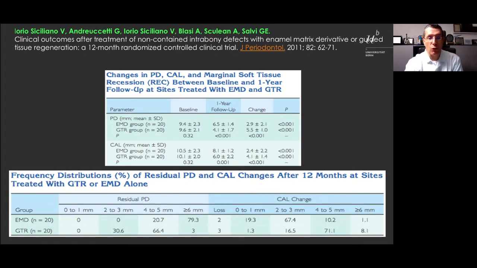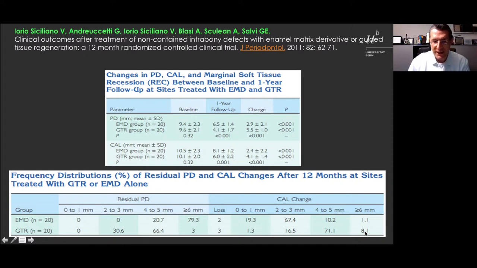If you look now at the so-called frequency distribution of residual defects and clinical attachment gain in the test and in the control group, because this is very important, this means how many defects gained a certain millimeter value. You see that the GTR group gained 4 to 5 millimeters in about 71% of the cases, more than 6 millimeters in 8% of the cases.